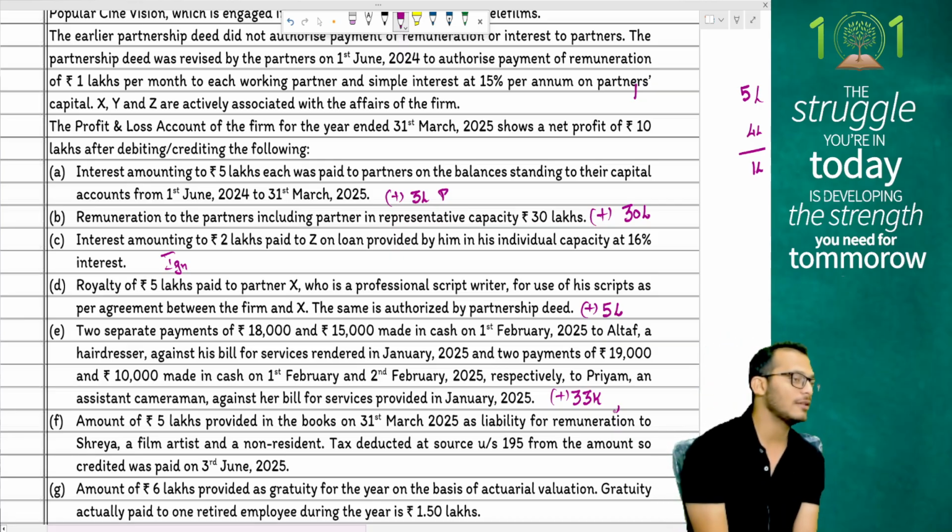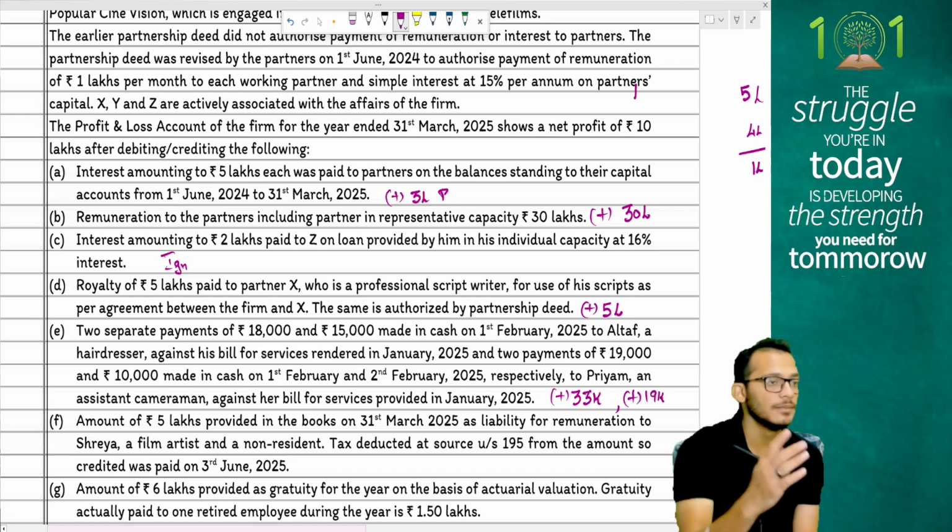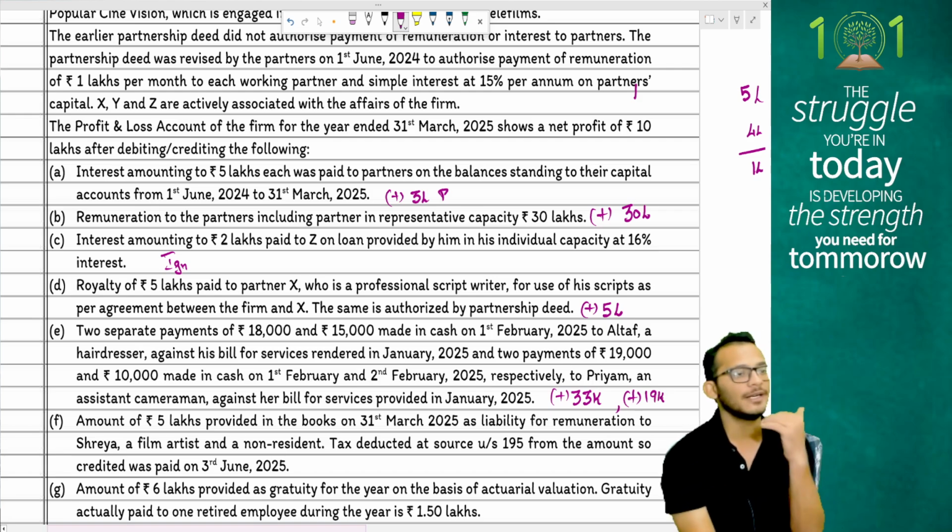The 19,000 which I paid is disallowed, but the 10,000 which I paid is within the limits, it's already there in P&L, therefore no adjustments to be made, so ignore it as a treatment.